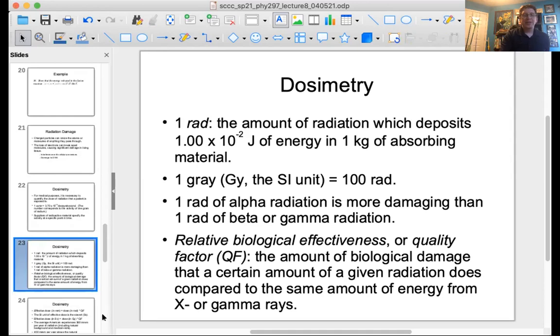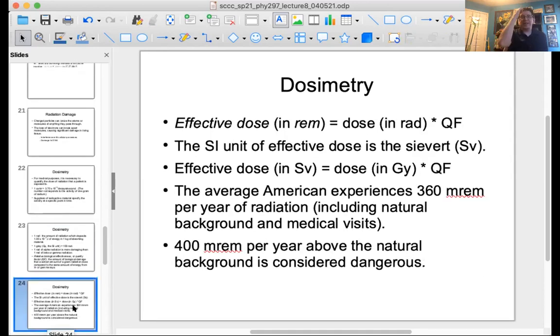And so we're defining a bunch of terms here. So the effective dose in REM is the dose in rad times the quality factor. And in SI units, if you instead of rads are using grays, the effective dose in sieverts equals the dose in grays times the quality factor. The quality factor is dimensionless and doesn't change whether you're using rads or grays or some other units.